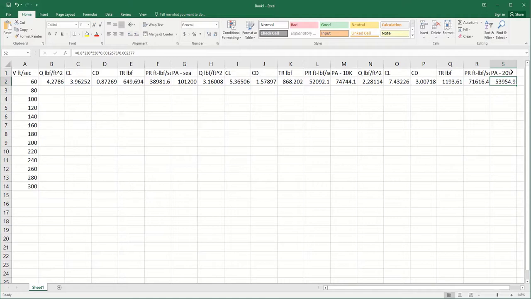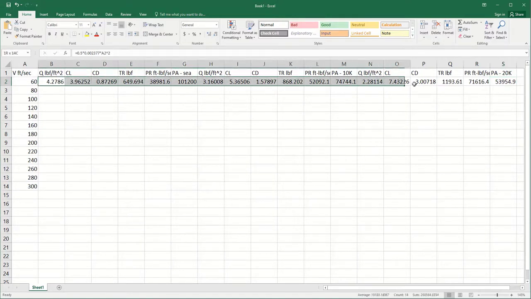Okay, does everything look okay? I'm double checking it against a spreadsheet I did earlier. Again, if we're doing homework and we're doing this for the first time, we hand calculate everything in this row to make sure that it's right. And now we can propagate this downward.